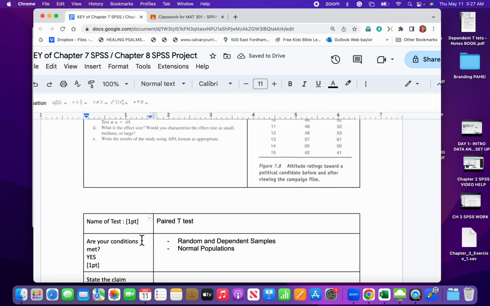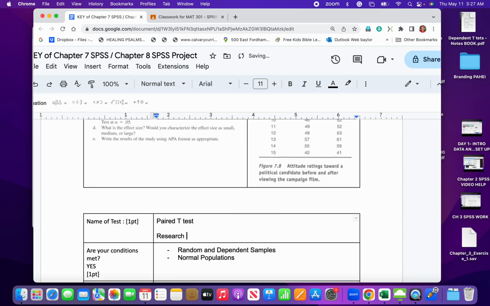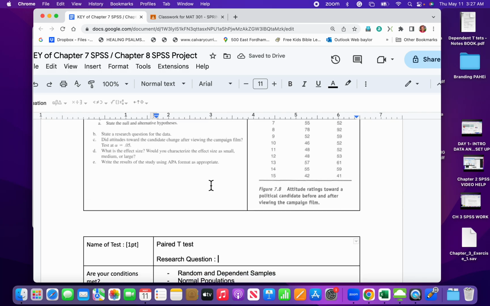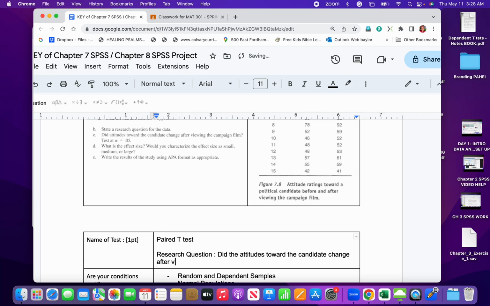And the claim, now my research question, I'll plug it here. The research question is given to me here. It says, did the attitude toward the candidates change after viewing the campaign film?